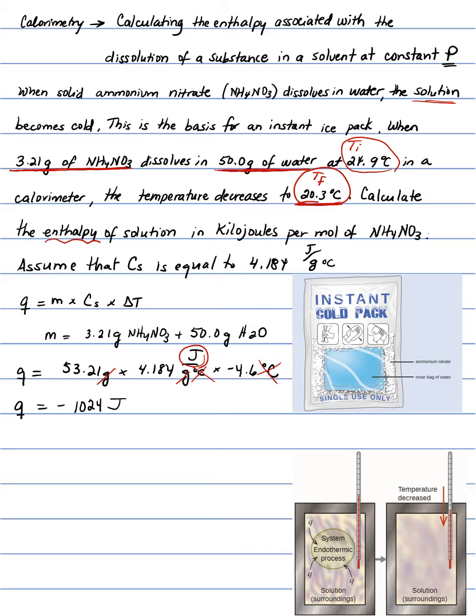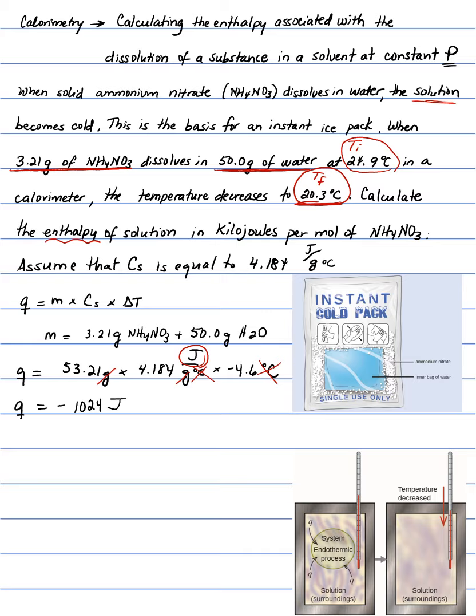It needs to absorb energy. It's an endothermic process. That bond needs to absorb energy in order for your ions to separate and actually dissolve in the water. The amount of energy that is required for those ions to separate is coming from the surroundings.